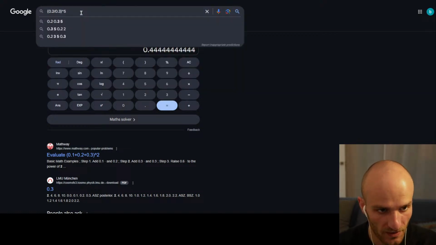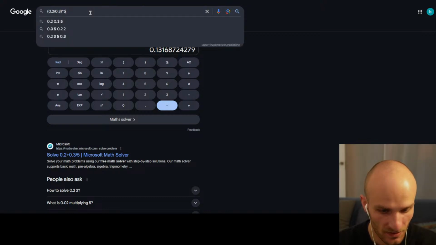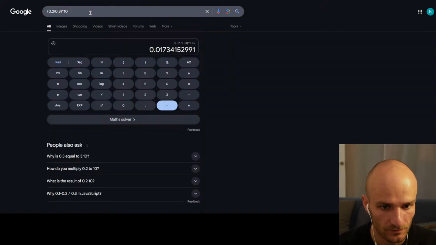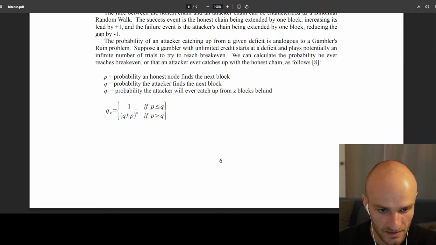So if we elevate to 5, it will be even smaller, and so on. Therefore, the bigger is z, the smaller is the probability that the attacker will ever catch up from z blocks behind.